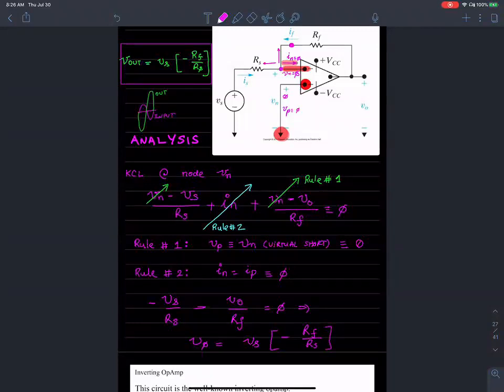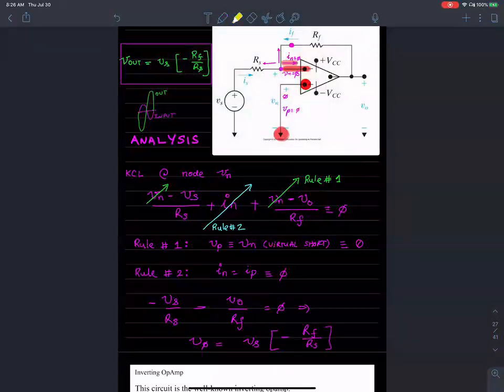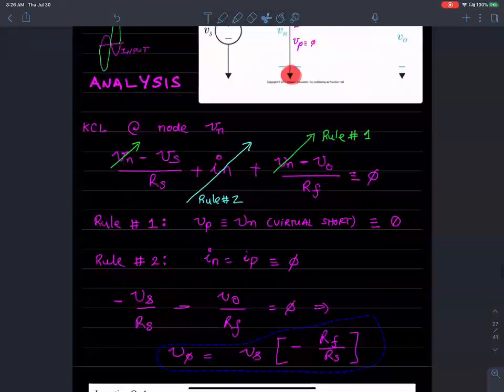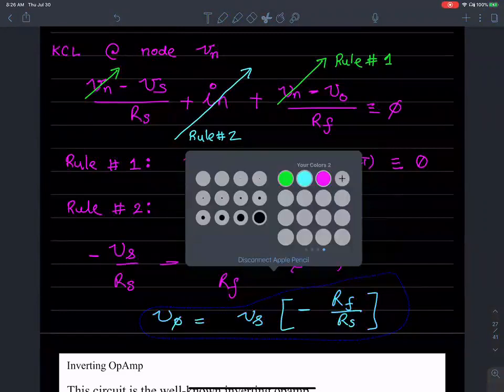So that's what we were after, right? We wanted to find the relationship between output and input, and sure enough, we got this. Questions about that, please? What questions do you have about this?